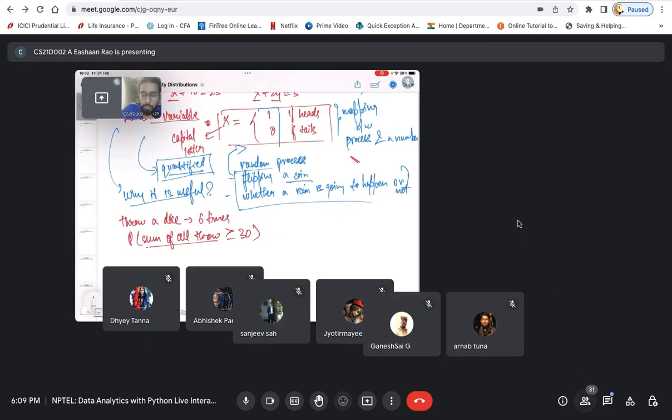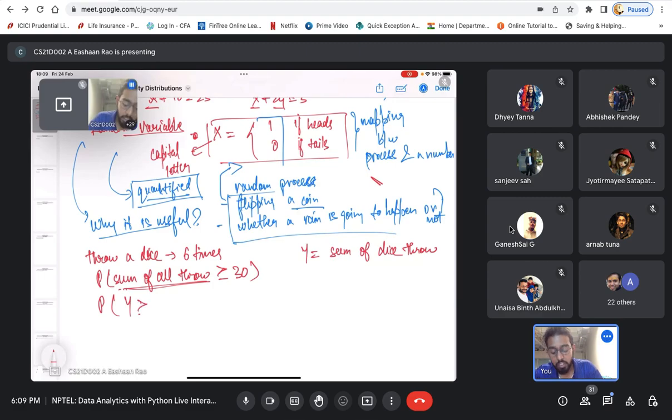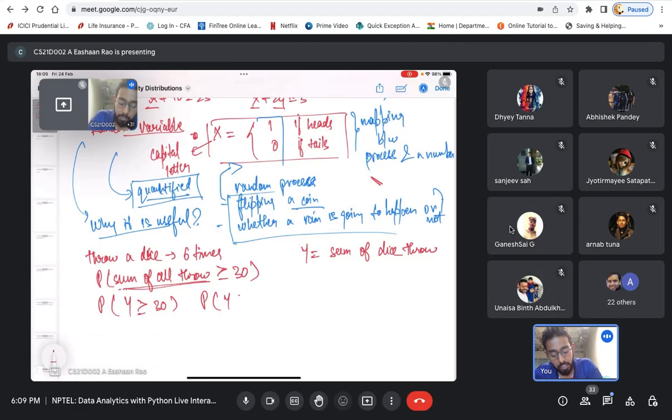So instead of writing all this, I can write that Y is the sum of dice throws. Here I can just say the sum of throws which is greater than or equal to 30, or the event, or random variable, which is less than 30, or the sum of dice throws Y which is less than or equal to 15, something like that.